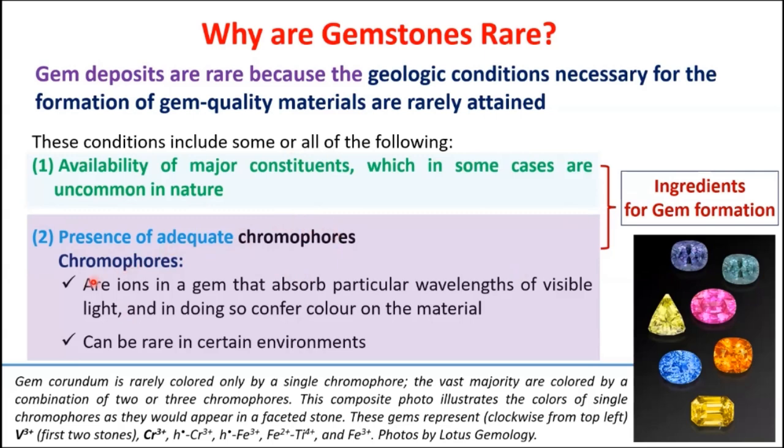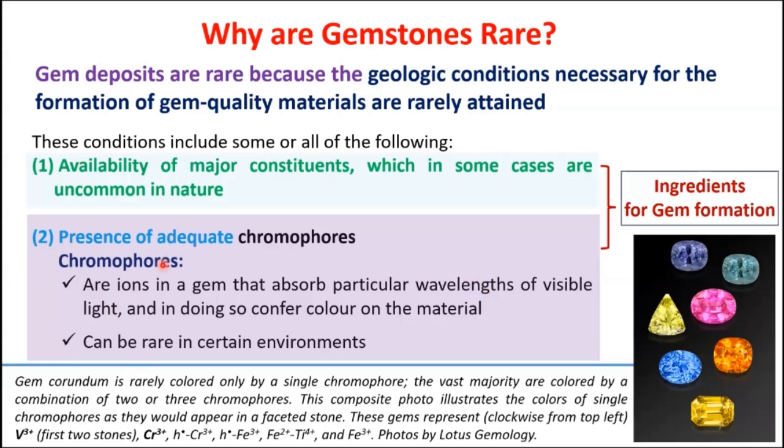Chromophores are some ions. These ions can absorb particular wavelengths from the visible light spectrum, then the remaining wavelengths combine and produce a color. Chromophores are the main coloring agent of gemstones.